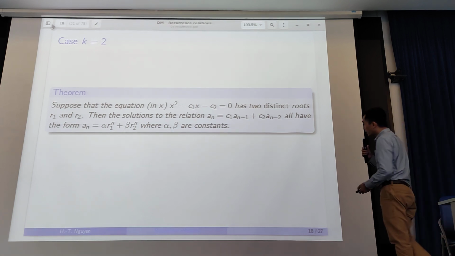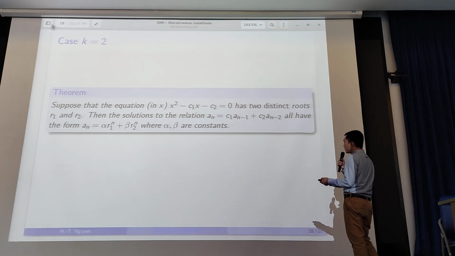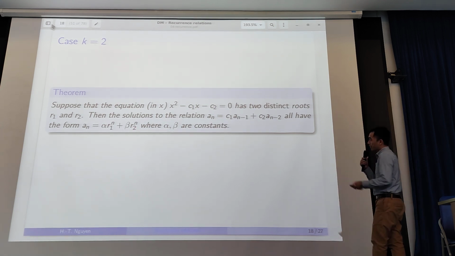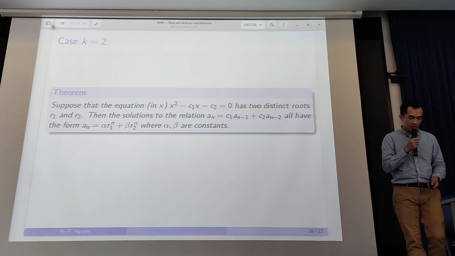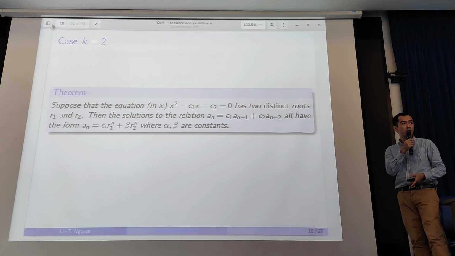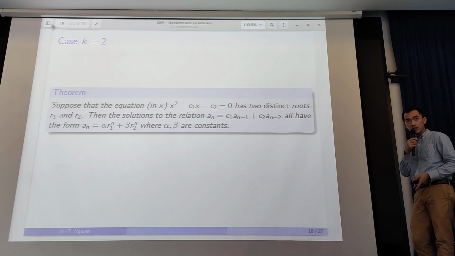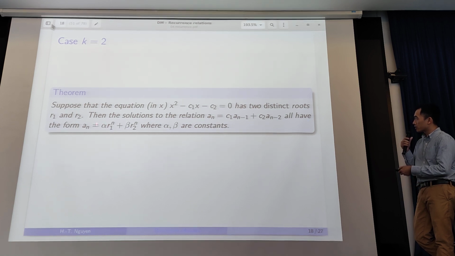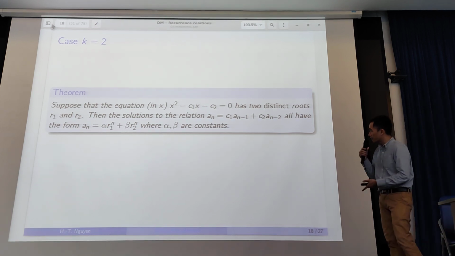So in other words, the base solution of such an equation is in the form R1 to the power n. It is a geometric sequence, and this is another geometric sequence.